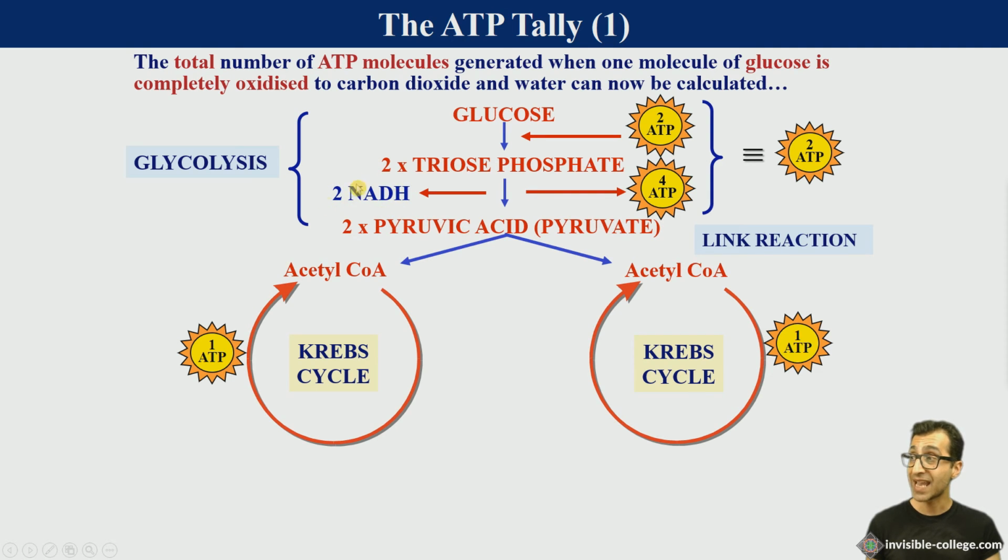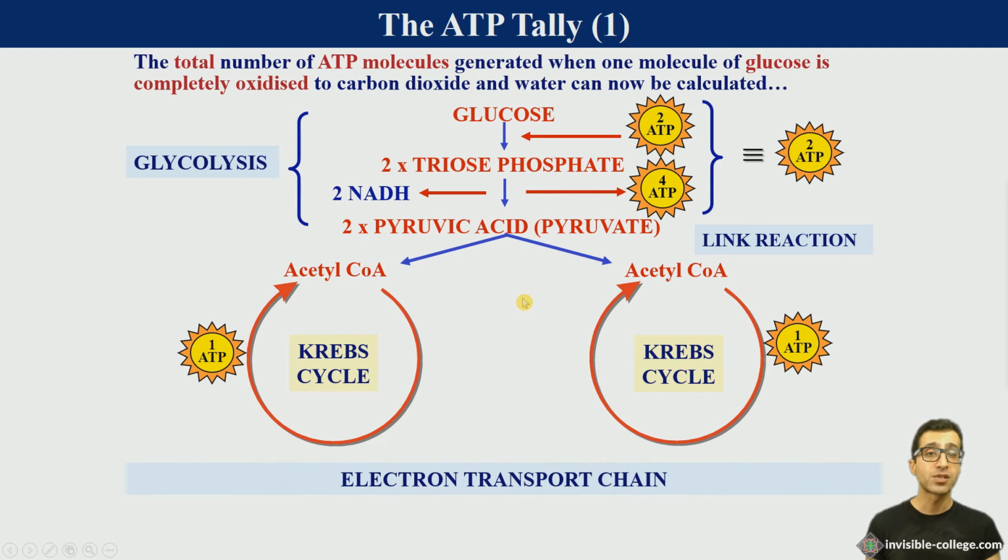hydrogen carriers like NADH. So the electron transport chain is going to make use of the reducing power of these molecules ultimately to generate ATP by oxidative phosphorylation and also by chemiosmosis.